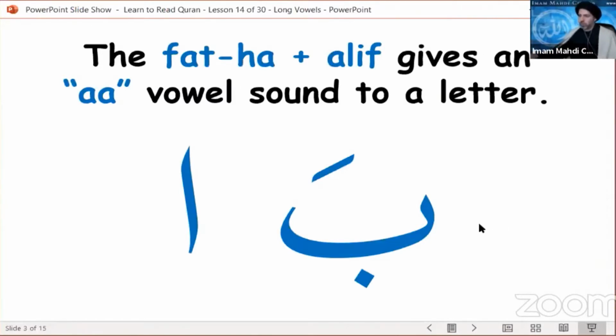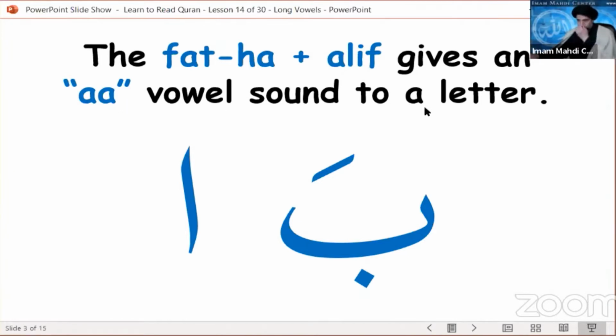So we see that again, we're using our typical letter here, the letter ba. It has a fatha on top. So if we were to read this by itself, we would say ba. But now we have an alif in front of it. So when we have a letter, any letter like this ba, that has a fatha, and directly after it is an alif that doesn't have any marking of its own, then the fatha plus the alif gives an a vowel sound to a letter.